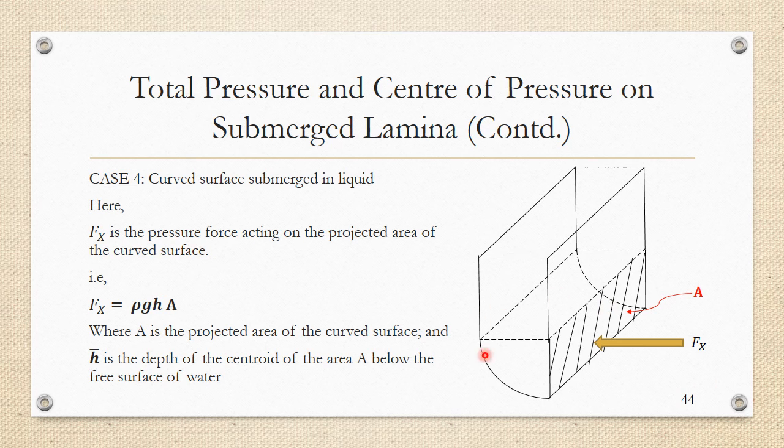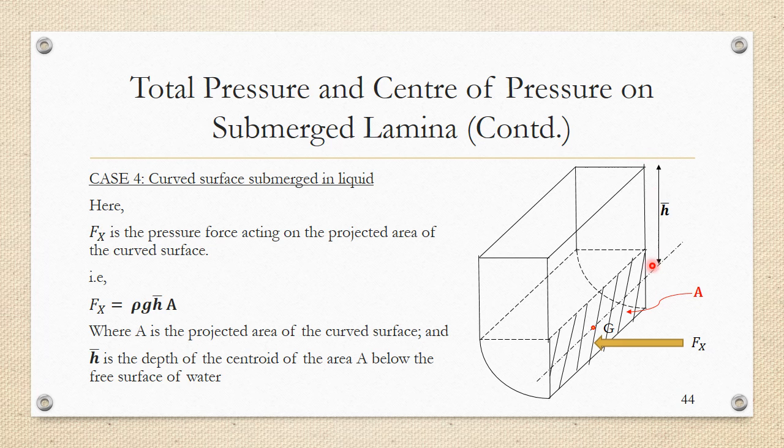So for fx, you don't have to consider the curvature or anything. Just imagine that this is a vertical plane surface submerged in a fluid, and find out the fx for this particular area alone. That will give you the horizontal component of the resultant force acting on the curved surface, and h bar is the distance of the centroid G of this projected area below the free surface of water.